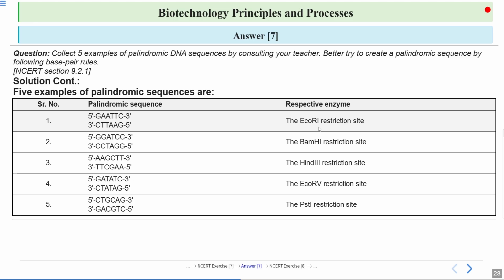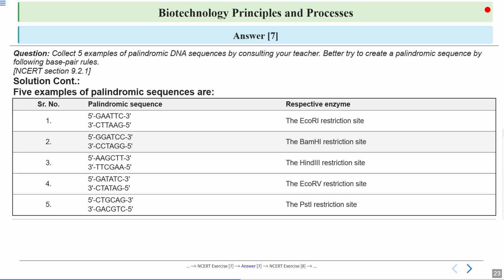So EcoR1, wherever it gets the GAATTC, it will cut at that particular point, right? Now, second one, 5 prime GGATCC, right? Now here you see, just opposite, the second strand, GGATCC, right?